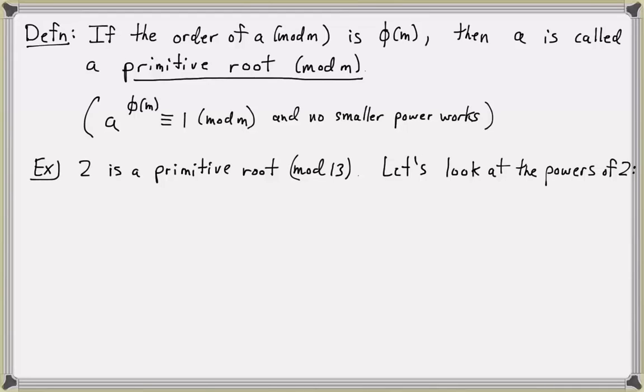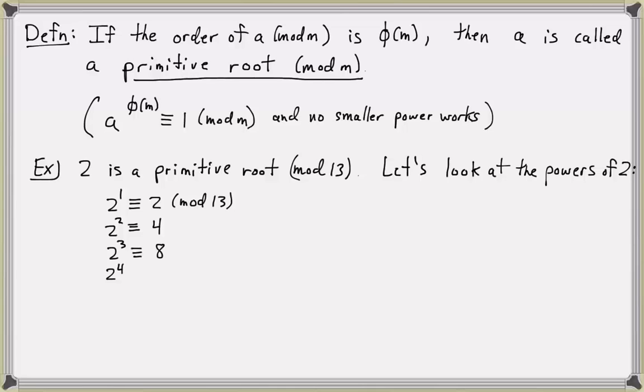Let's look at the powers of 2 and reduce them mod 13. 2, the first power, is 2 mod 13. 2 squared is congruent to 4 mod 13. 2 cubed is 8 mod 13.